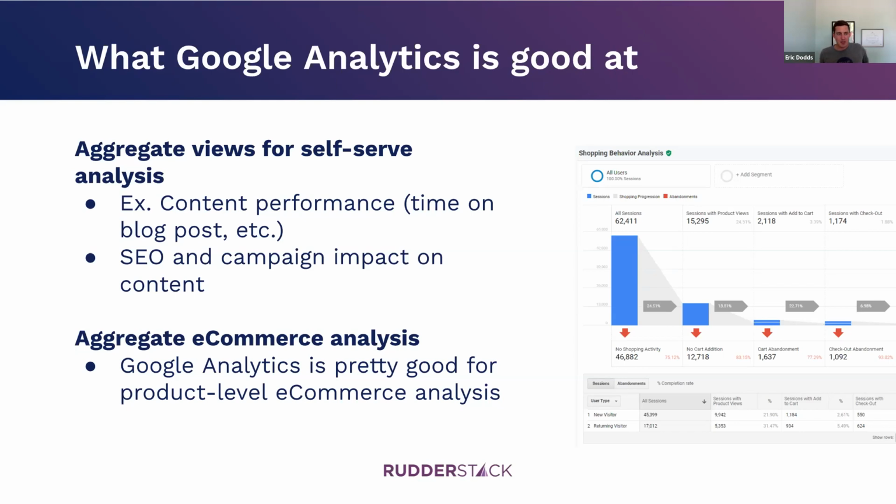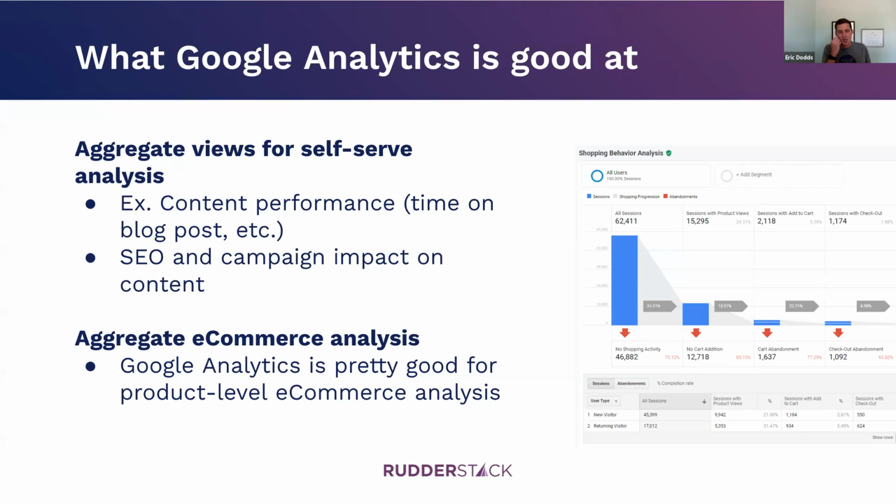That's where out-of-the-box sessionization and other components like that are really helpful and frankly just really easy. You put the script on the site. If it's pretty clean and you're looking at one particular property, it's a great self-serve analytics tool for those purposes.